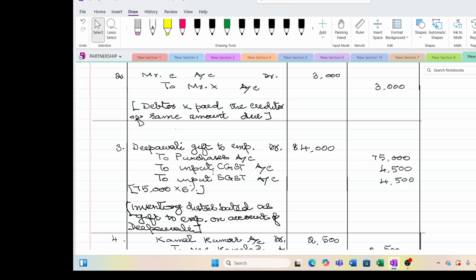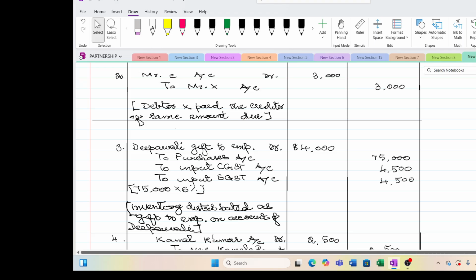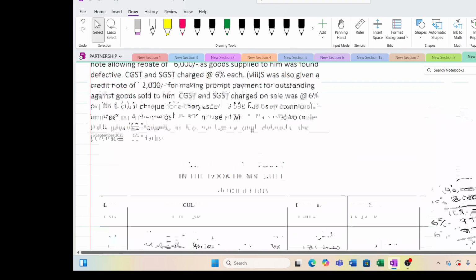Understand? So we are going to reverse it. Input CGST 6% on 75,000 comes to 4,500, and the total expense is the charity or gift to employees. It will be the total expense for Mr. Dutt. Okay. So now the next one, these are all recordings.